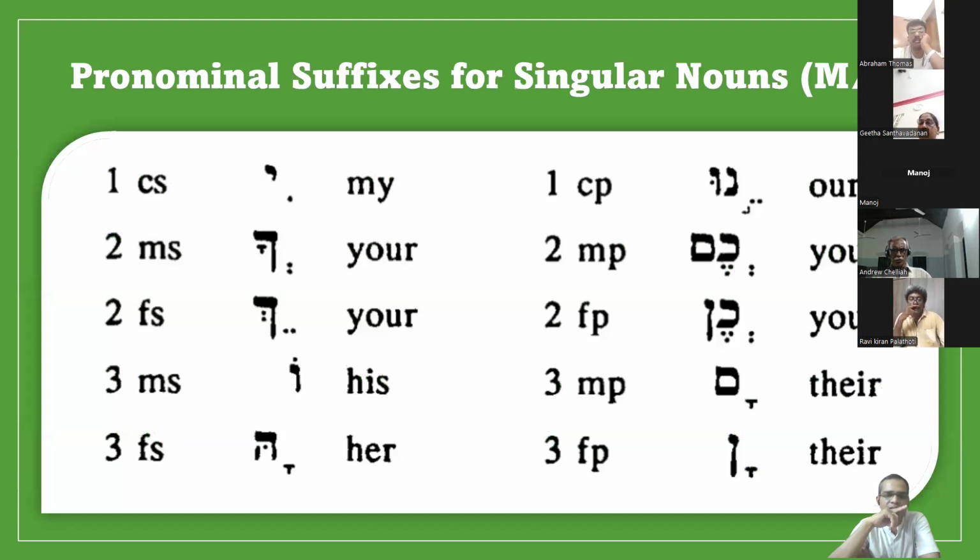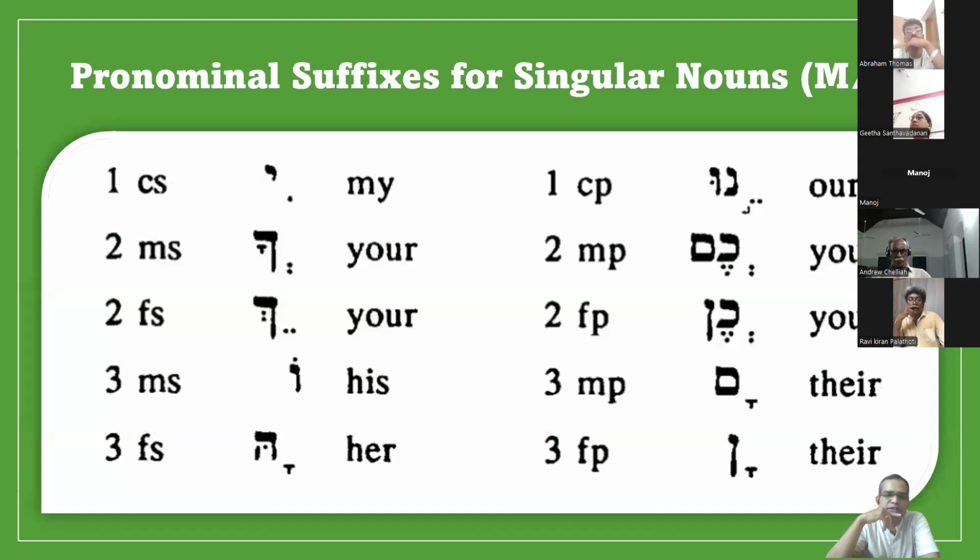Okay, so that difference is there. Then lanu, it was lanu, here in the first common plural, accented sere. And then lakem, laken, lahem, lahen. Here it is shevakem, shevaken, kamats final mem, kamats final nun.